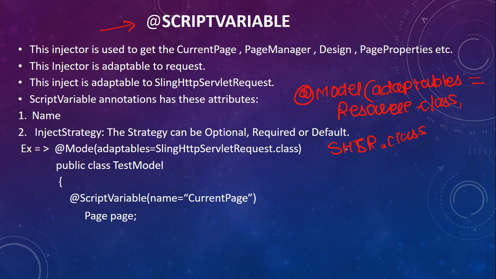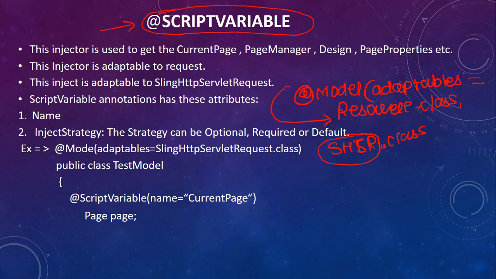But some annotations, just like this script variable, are injected with this SlingHttpServletRequest. Your default annotations, like the name annotation and the inject annotation, are related to this Resource.class.